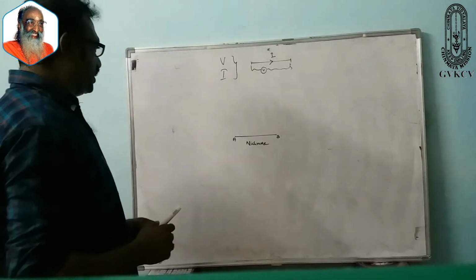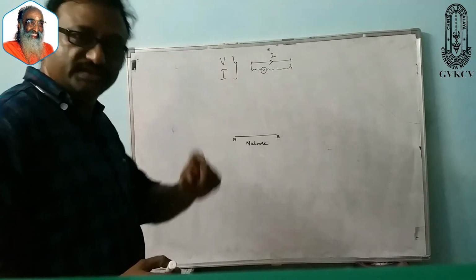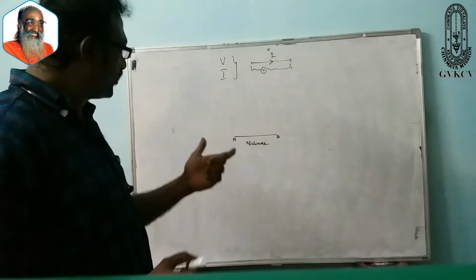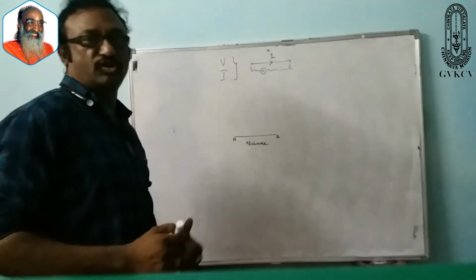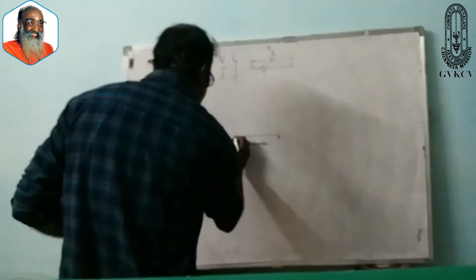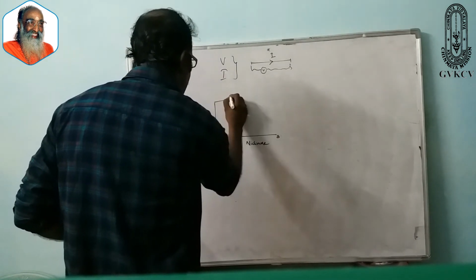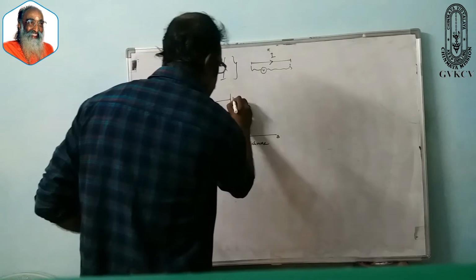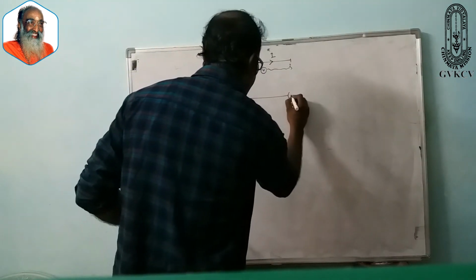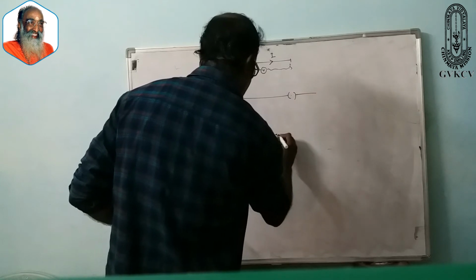Now we will pass the current through this, change the current, and find out the potential difference across these ends. For that purpose, we need to connect this to a cell and a plug key or a tap key. I want to measure the current in this AB.